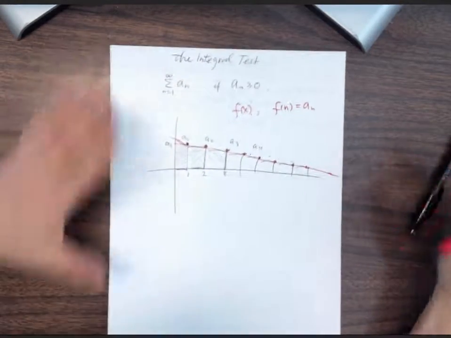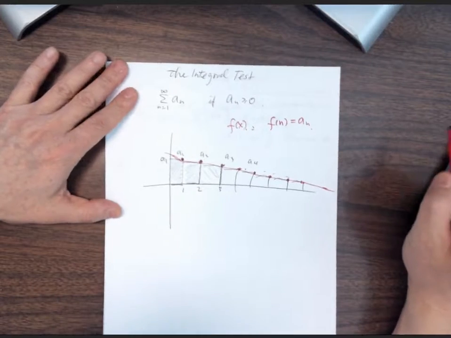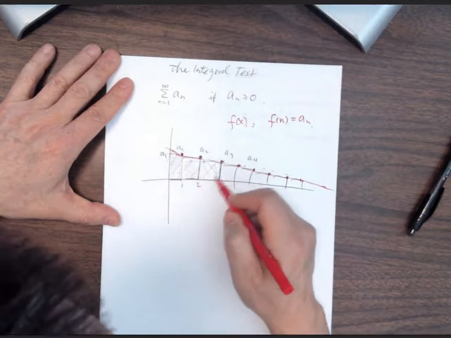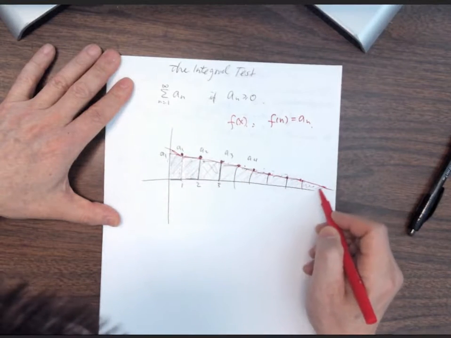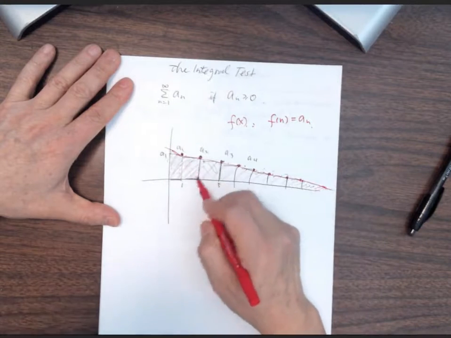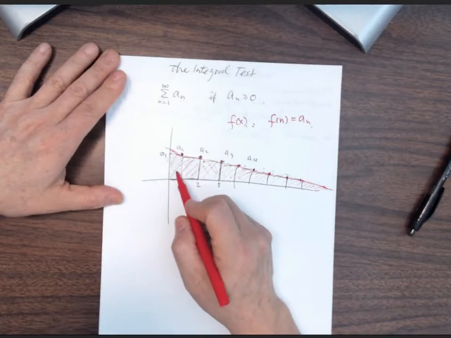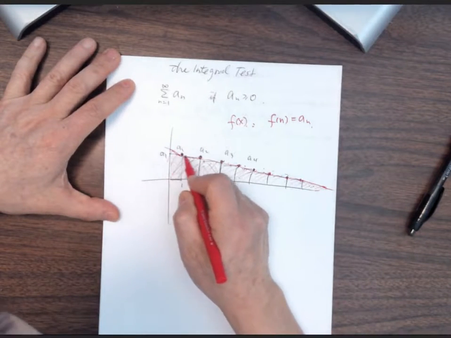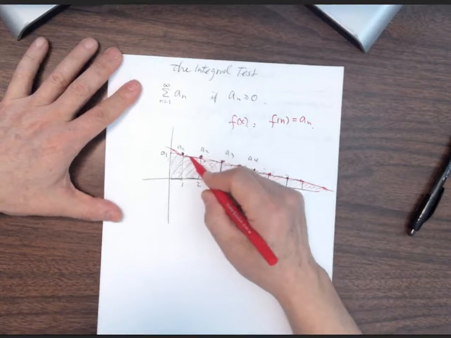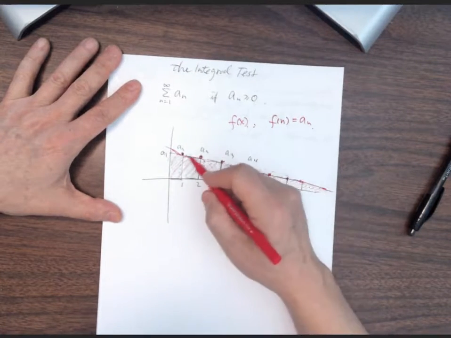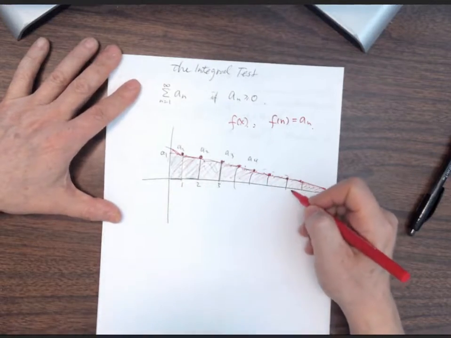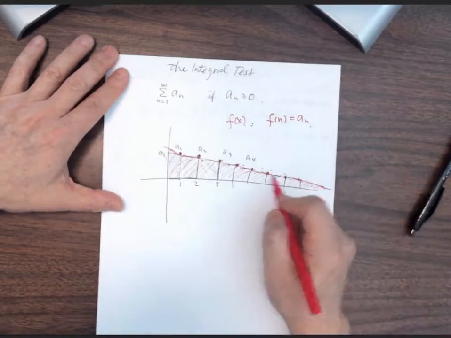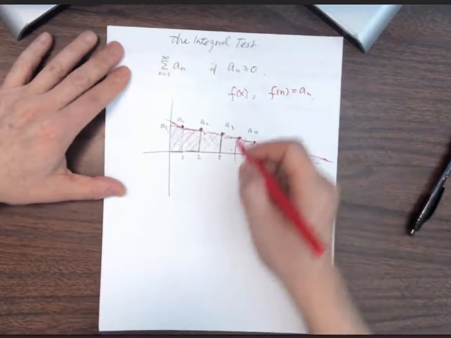Now what we can see is approximately the area of the region under the graph of f, say this, is the same as the sum of areas of all these rectangles. There's a little difference depending on where the A1, A2, A3, A4s are, higher above the graph or lower below the graph.